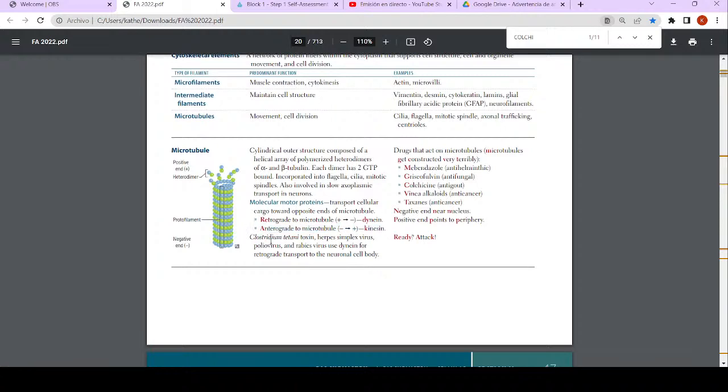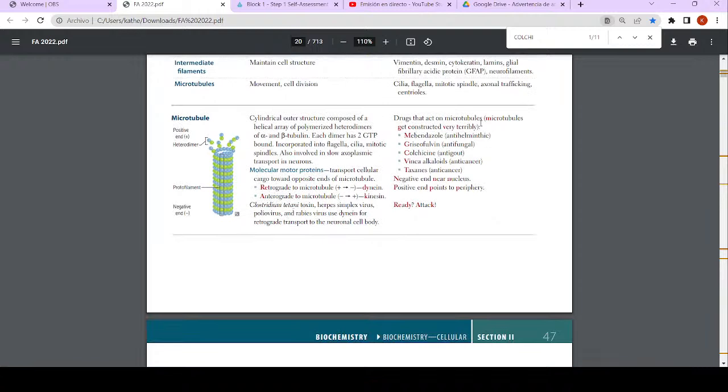This is important. Clostridium tetani, herpes simplex virus, poliovirus, and rabies virus use the same route for retrograde transport to the neuronal cell body.